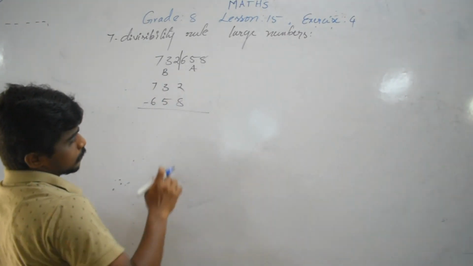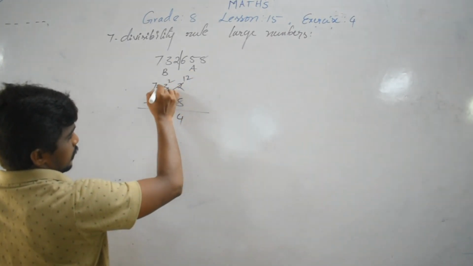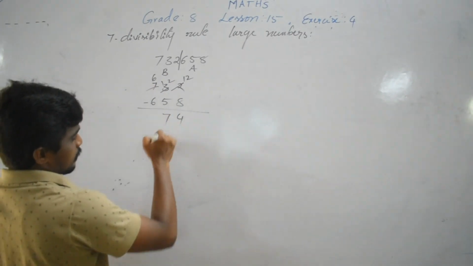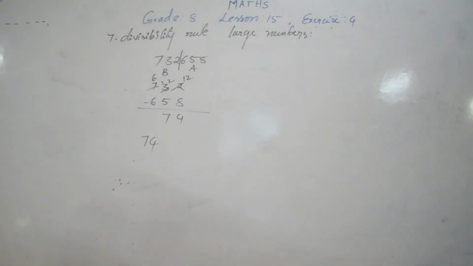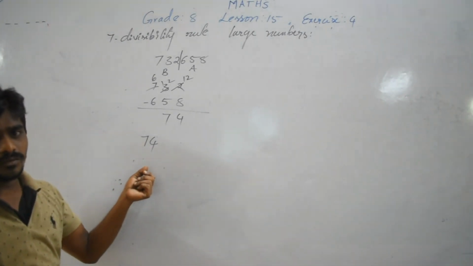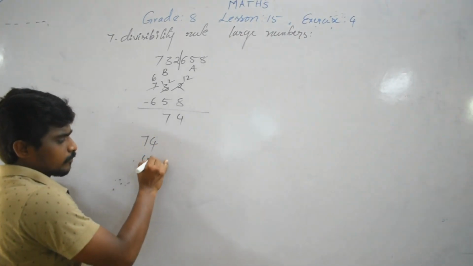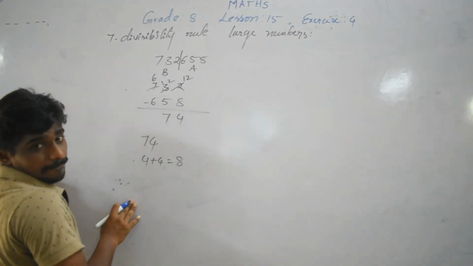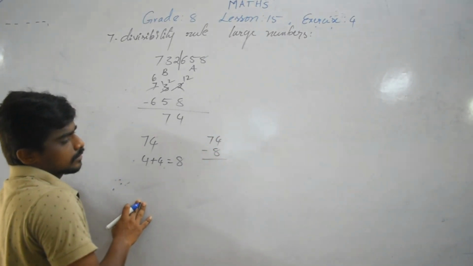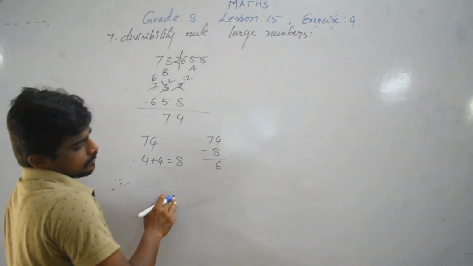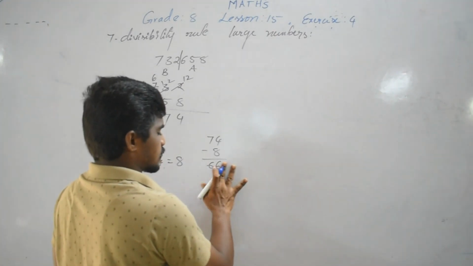How much? That gives 74. Twice the ones place digit: 4 plus 4 is 8. 74 minus 8 is 66. Is 66 divisible by 7?